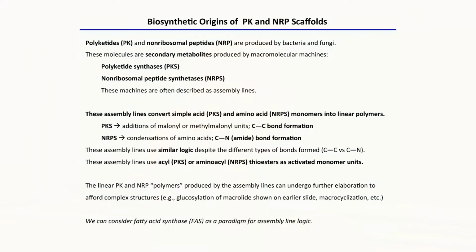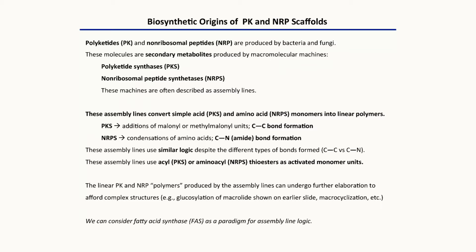So what is going on? We've seen some pretty complex molecules. What we're going to see is that these assembly lines convert simple acid monomers, if it's a polyketide synthase, or amino acid monomers for a nonribosomal peptide synthetase, into linear polymers.